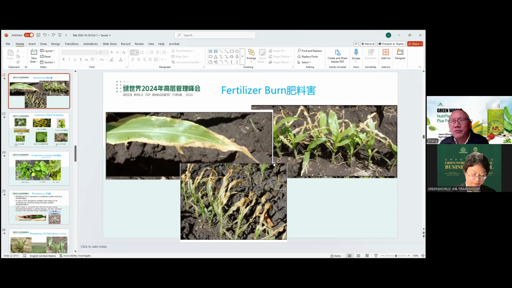When you make a tank of fertilizer for spraying, you can take some from here, put it in a cap, and put it in. This is your spray, a 20 liter sprayer. You need to put 20 ml of your fertilizer in. You need to put the fertilizer in here.